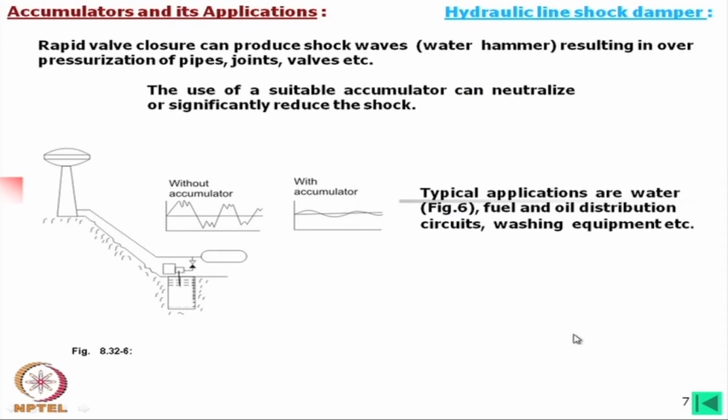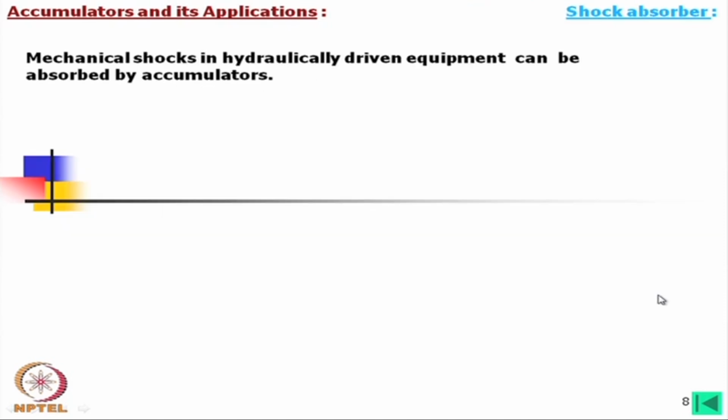Typical applications are water, fuel or oil distribution circuits, washing equipment, etc. As we have explained, it reduces water hammer or shock, so such an accumulator can be used as a shock absorber also.